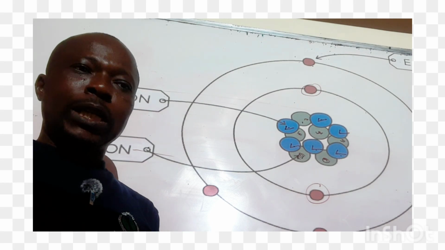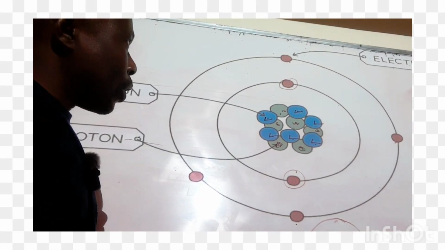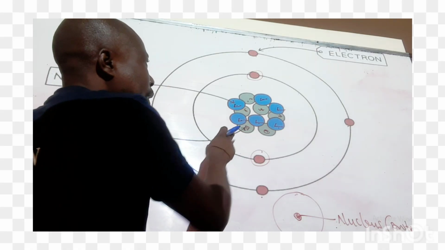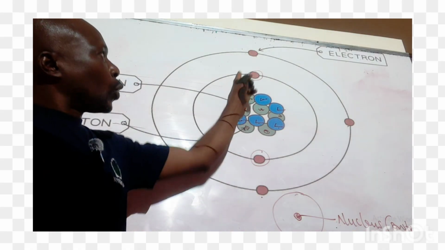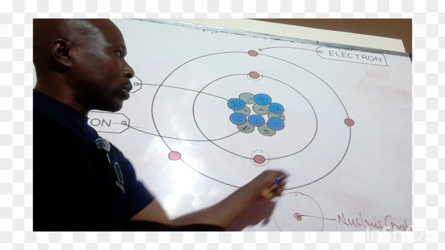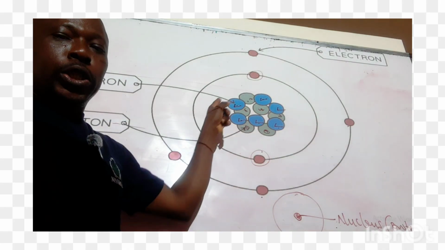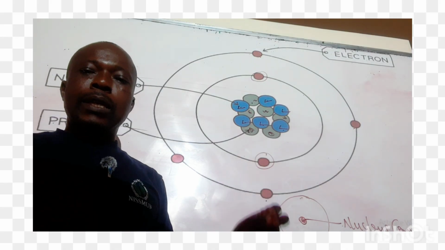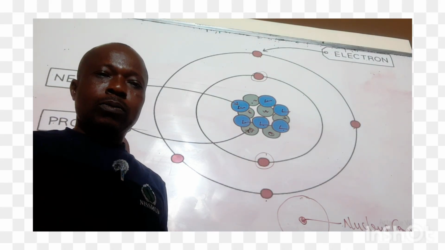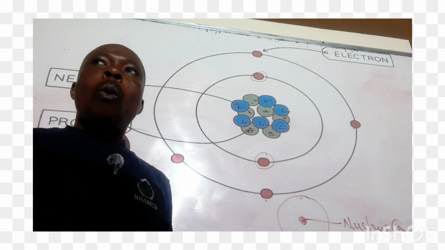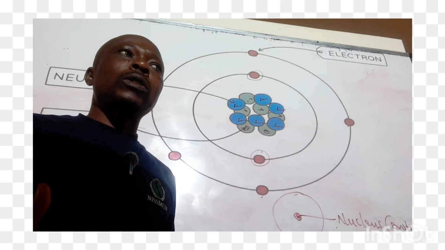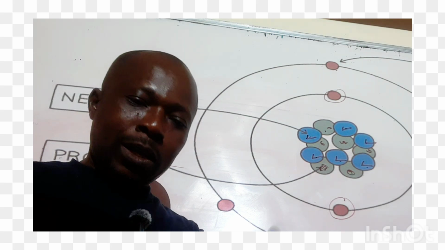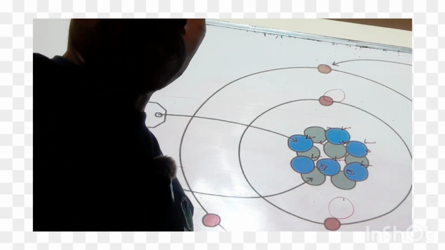It doesn't contain charge. Why? Because the number of protons in the nucleus is equal to the number of electrons within the shells. It has equal protons and electrons. So, why and how does an equal number of protons and electrons make this atom electrically neutral? You will get the answer as you progress.